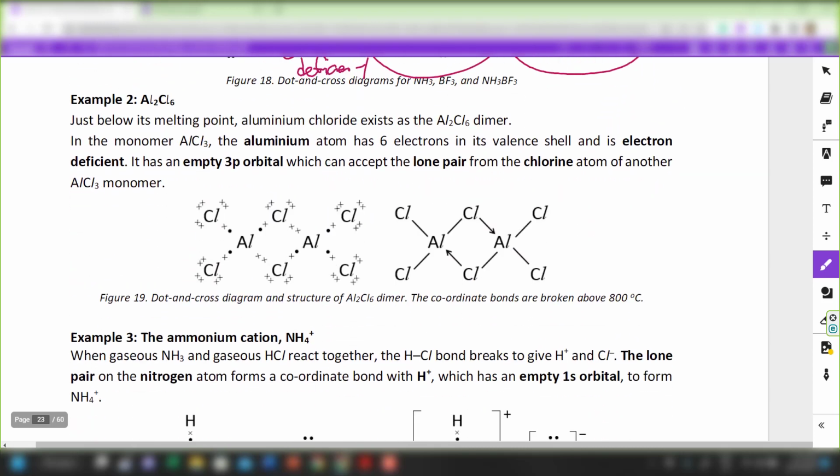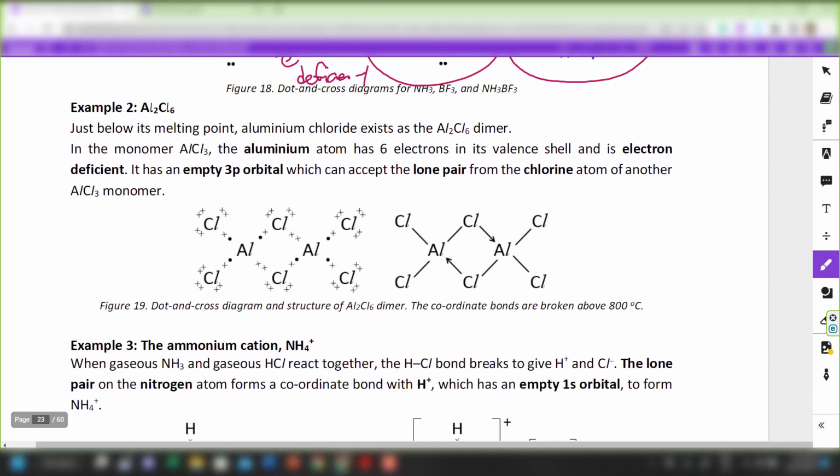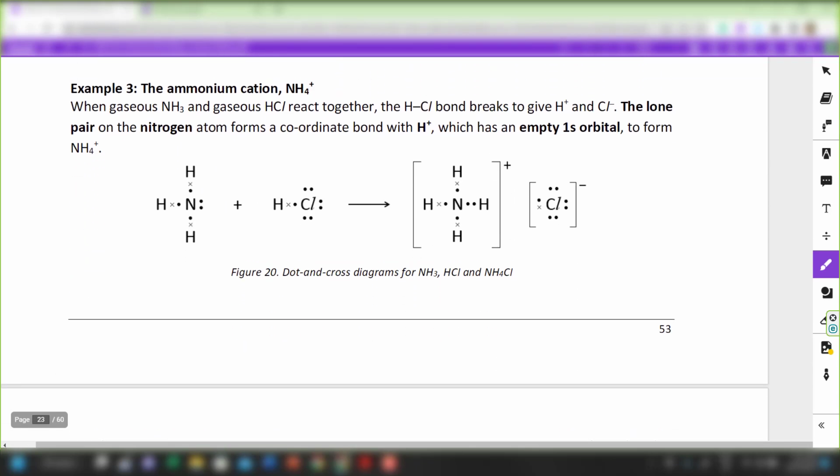Okay, then for Al2Cl6 is the same thing. This might look a little bit familiar because earlier on I have shown it for BF3, the dimer of BF3. Yeah, so this actually shows you that the chlorine is the one that donates the lone pairs of electrons towards the Lewis acidic aluminum center. Then for ammonium cation is the same thing.